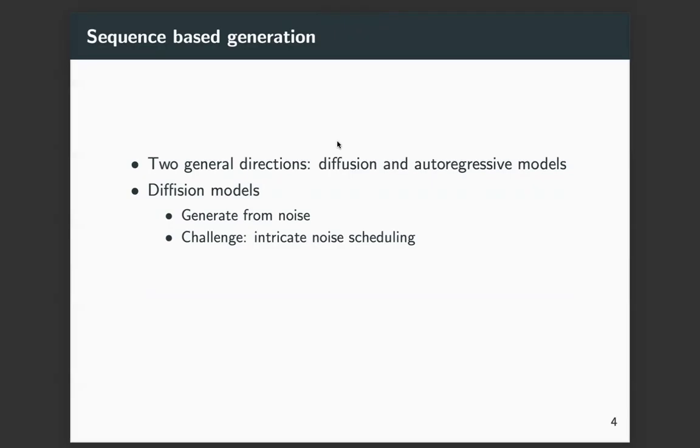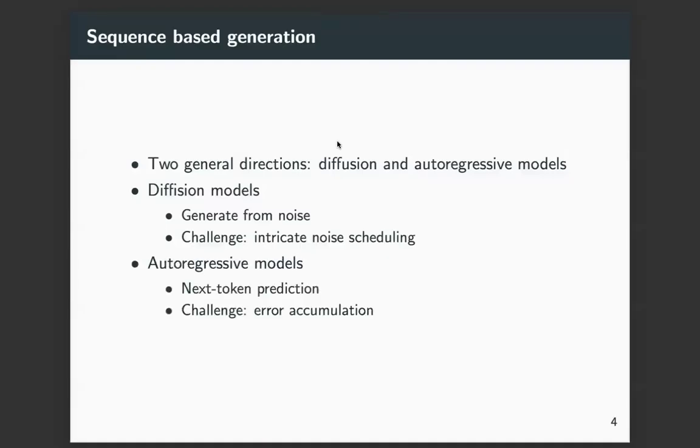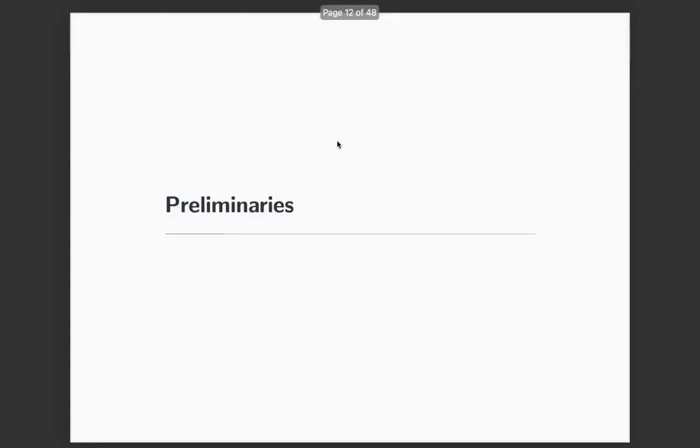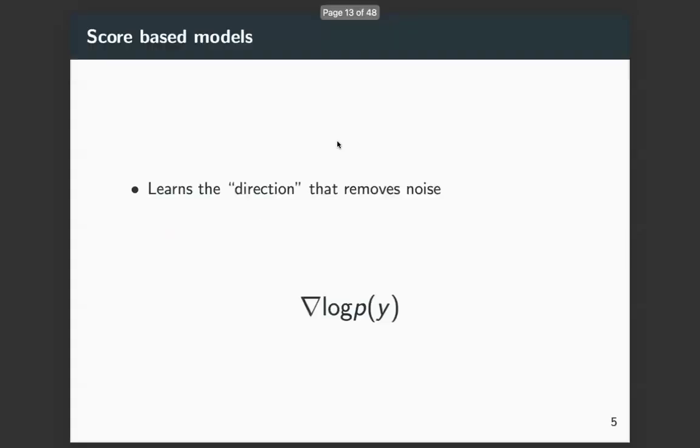The other problem with diffusion is the noise scheduling that happens in the diffusion model. And the autoregressive model has next token prediction, which means you will accumulate errors as you go. So there are these two problems with two different methods. What could we do? Well, what if we could have a diffusion model with no scheduling? That's what we're going to focus on here.